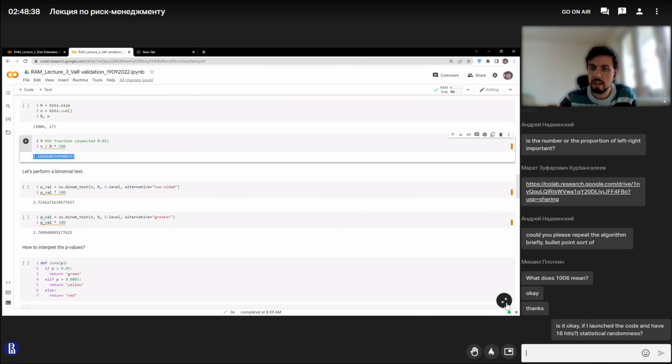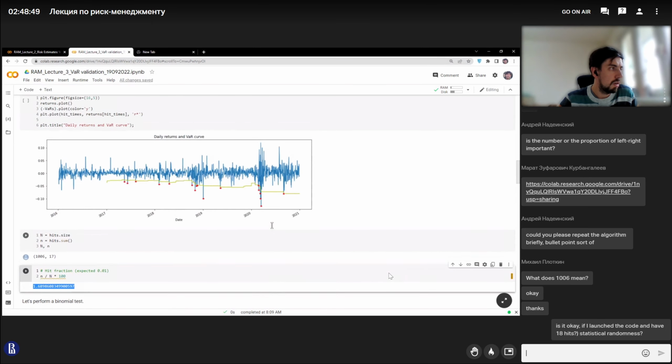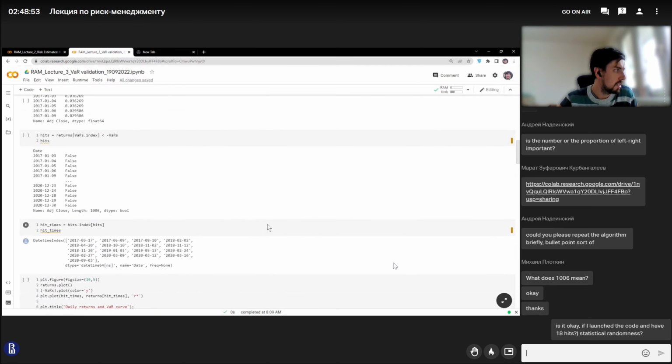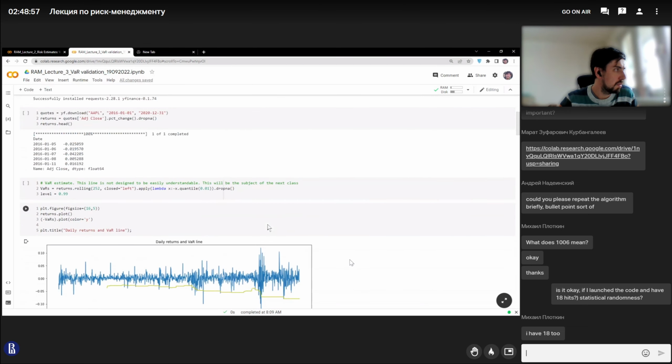Is there statistical randomness in the 18 hits? No, I don't think so. I think probably you altered this code somehow.